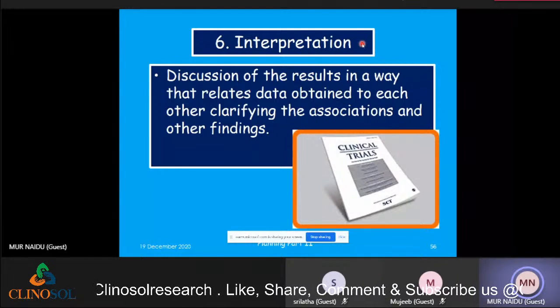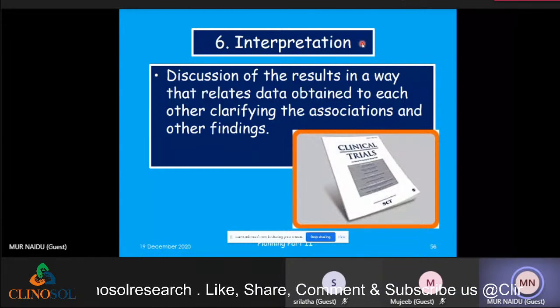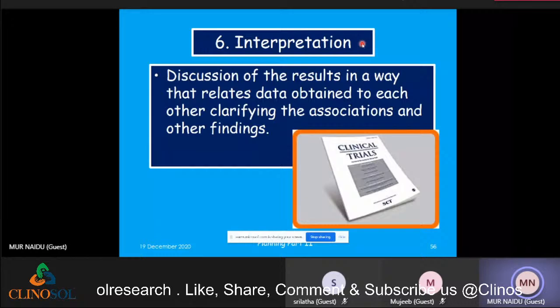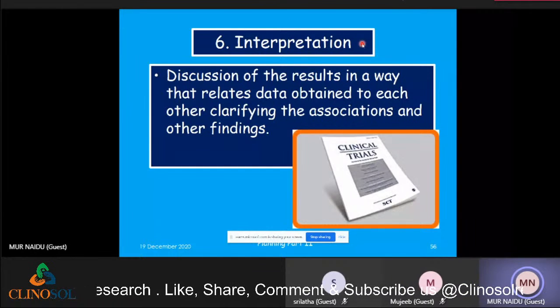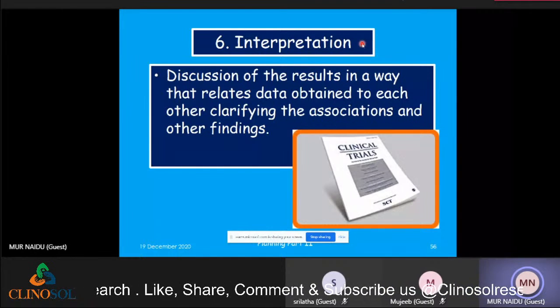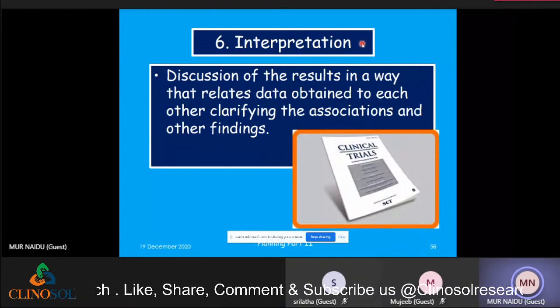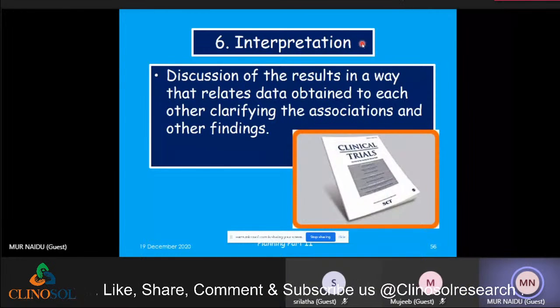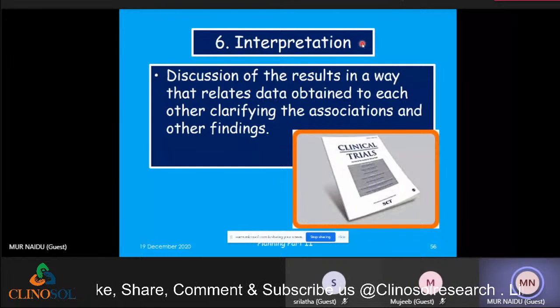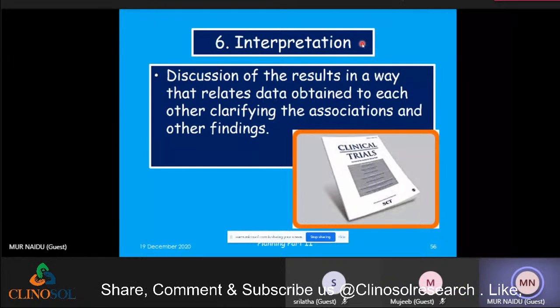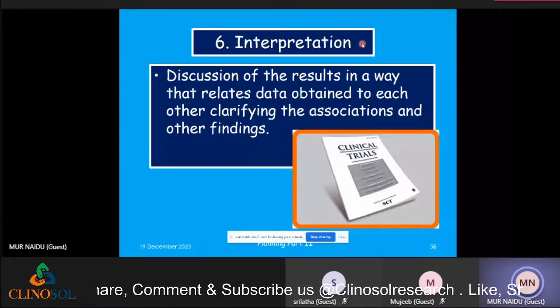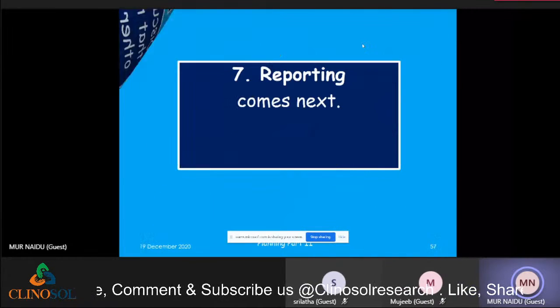Let them also check and see each and everything, and it should be clarified properly. And you can go on rechecking. The final interpretation should be done only when everything is properly approved and all calculations and statistics have been checked properly. That is the interpretation.